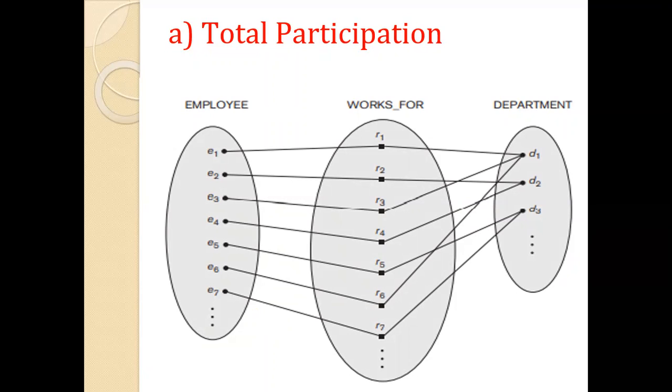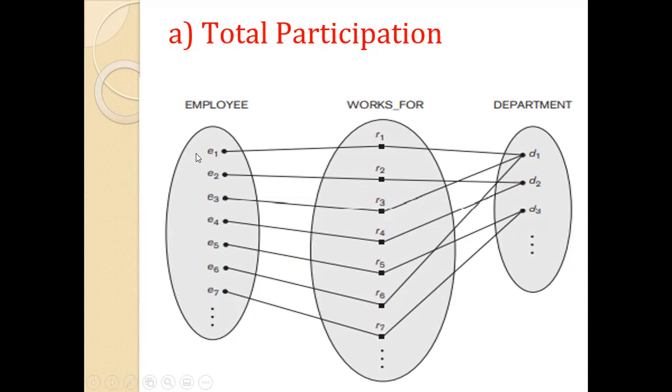If we take employee works for department, can we have any employee who cannot work for a department? No, it is not possible. If he is an employee, he must work for at least one department. So every instance of employee must work for some department.